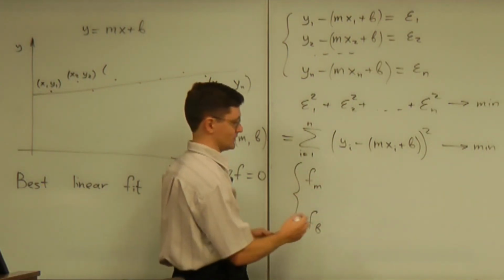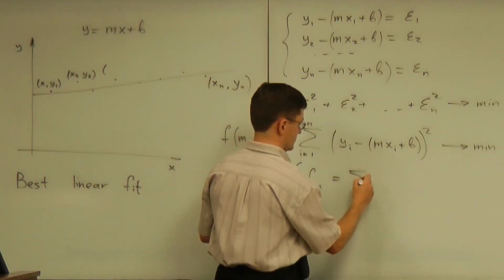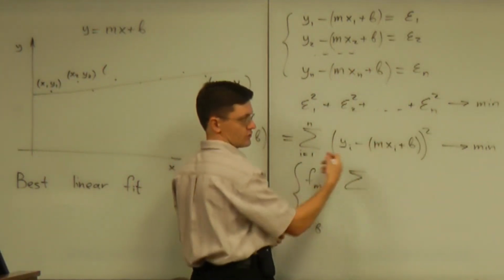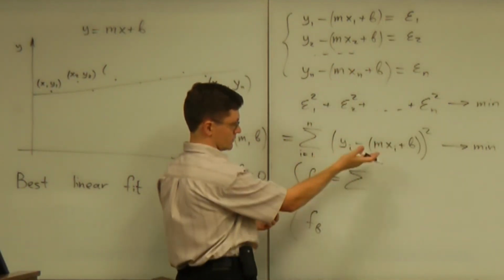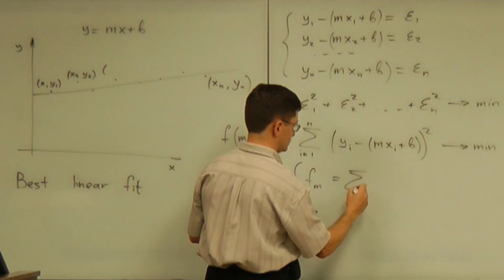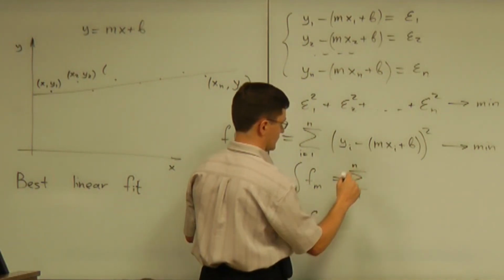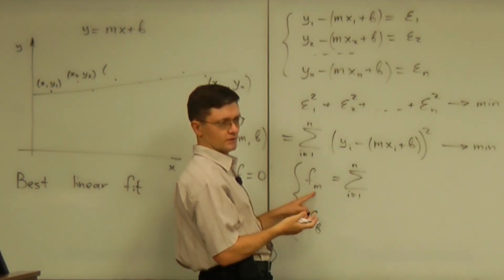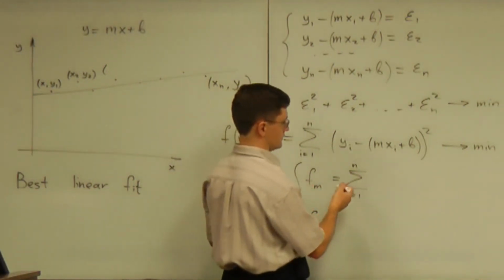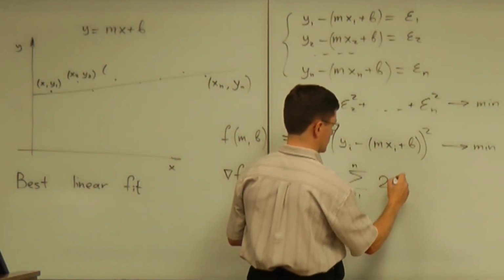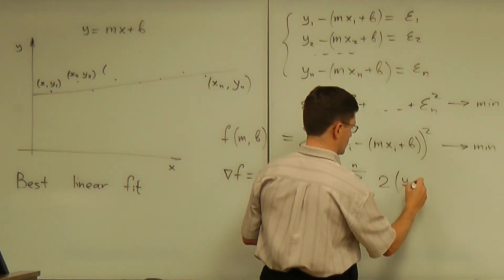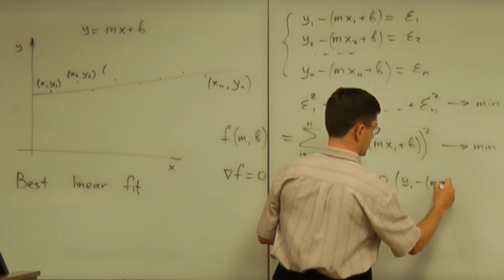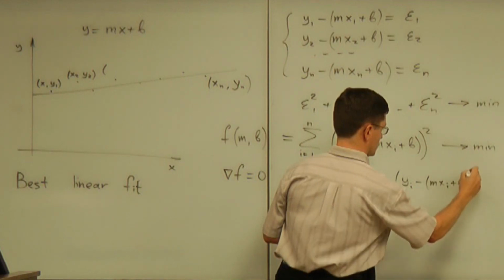The formula is simple. It's going to be a sum. You'll have to differentiate each term separately. So the derivative is going to be the sum from 1 to m of the derivative of that square with respect to m. Well, the derivative of a square is going to be 2 times (yi minus (m xi plus b)).